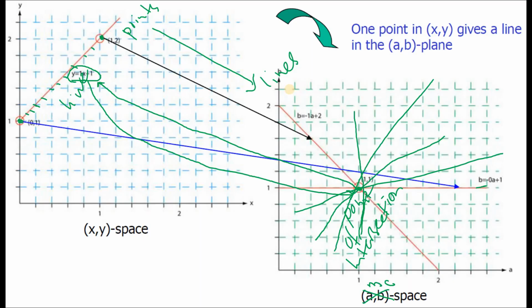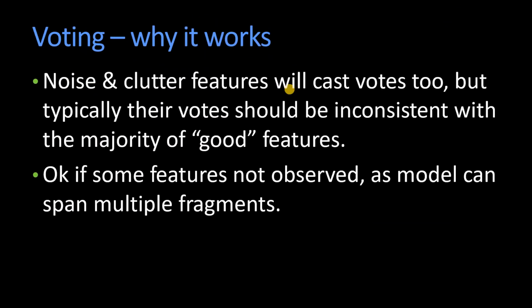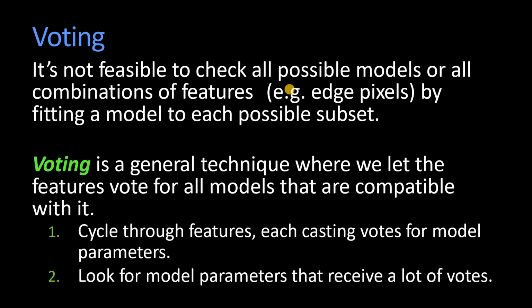So this is it. Let's go back and see the theory we left before. We wanted to discuss the voting. Practically it is not feasible to check all possible models or combinations of features by fitting a model to each possible subset.